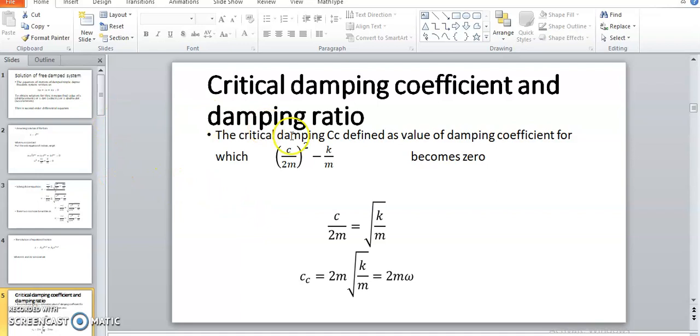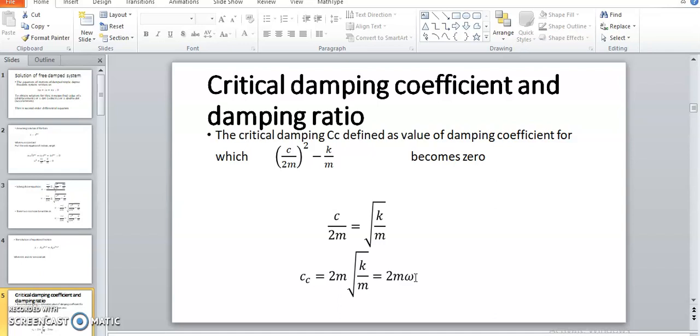In this derivation, which relates to free vibration, instead of writing omega suffix n, it is written as just omega. The n suffix is absent here, because in free vibration there is no need to write omega n.